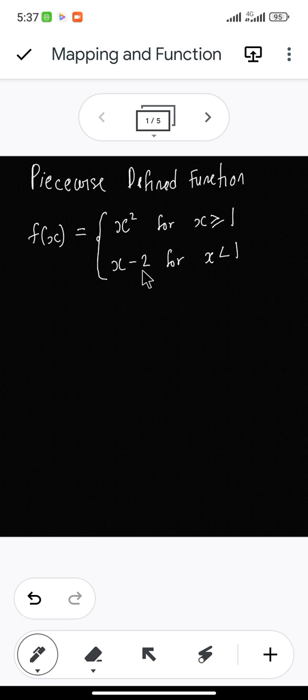So if you are asked to find f of 6, you're going to check, is x greater than or equal to 1, or is x less than 1? If it's greater than or equal to 1, you're making use of this equation. But if it's the latter, you're making use of this other equation.